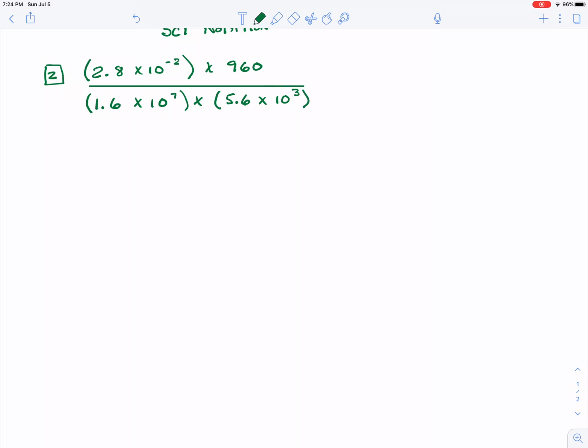All right, so let's begin by copying. And then let's convert this to 9.6 times 10 to the second. Again, remember what you're doing there.